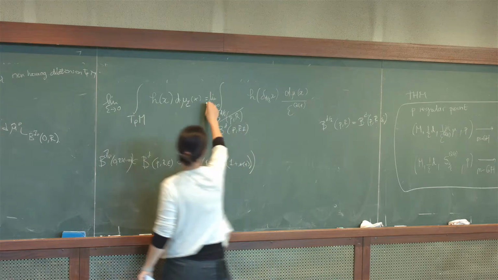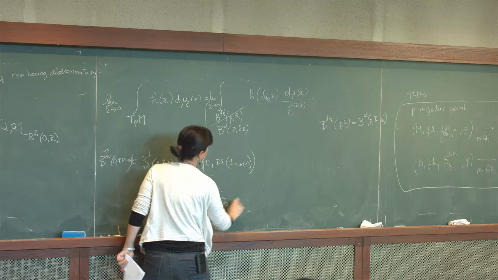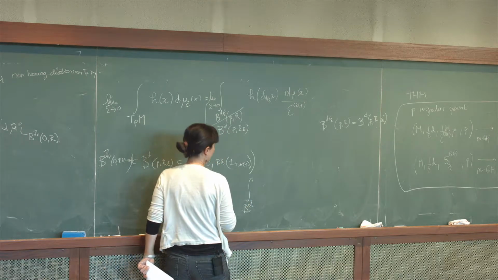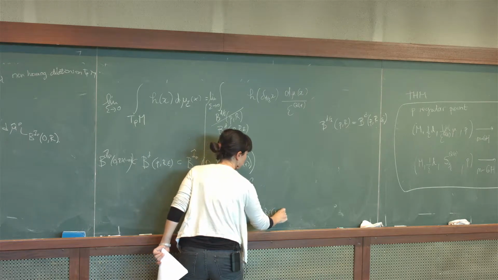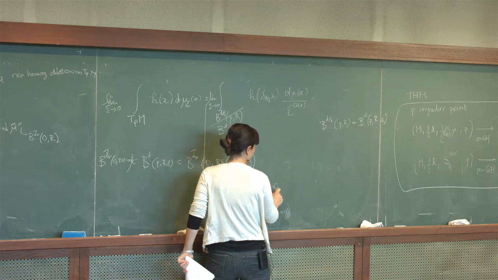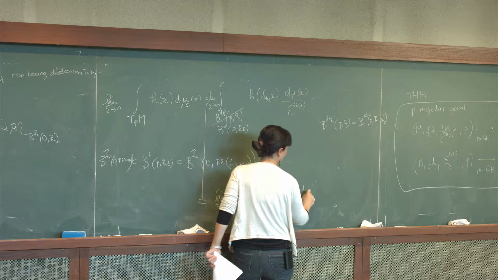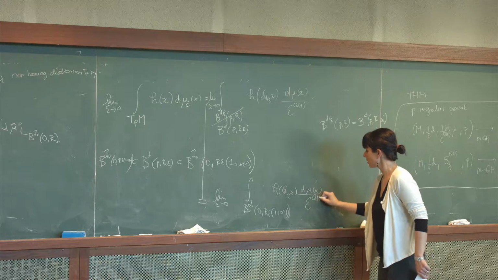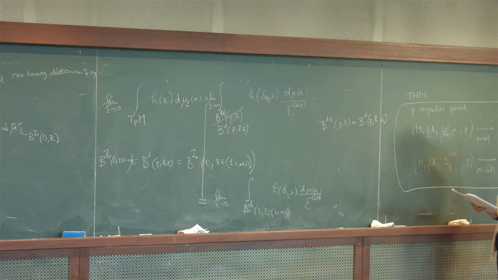So I get that this equals the limit as epsilon goes to 0 of the integral over B d-hat 0, r epsilon (1 plus small o of the same stuff), of h of delta 1 over epsilon x, d mu of x. Why do I do this? Because now this set is homogeneous with respect to dilations.